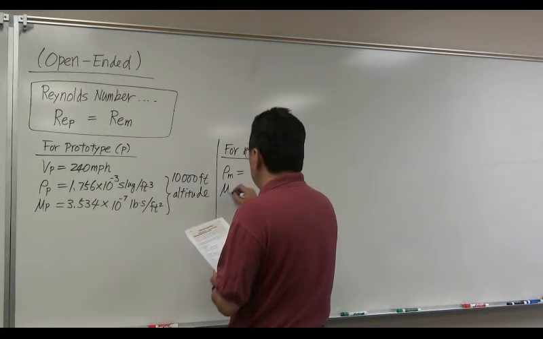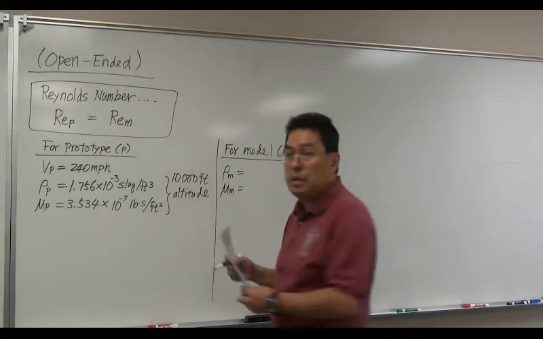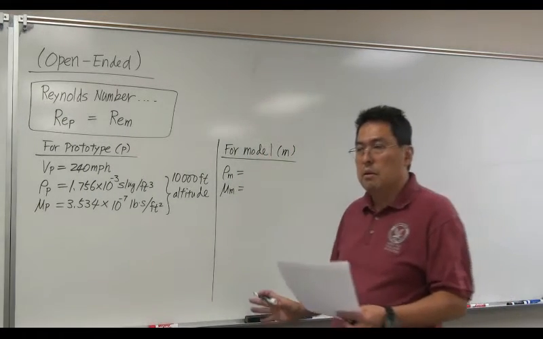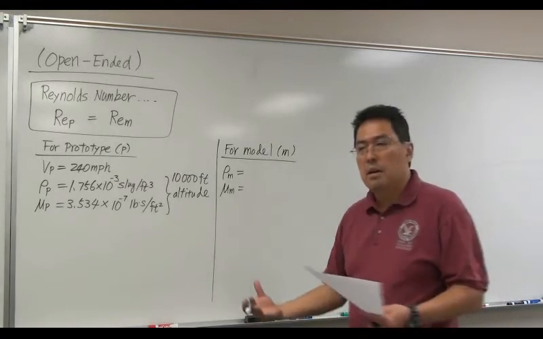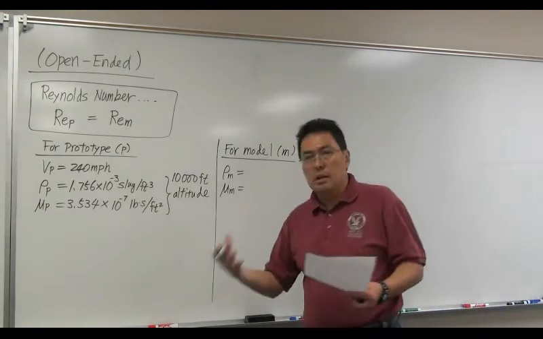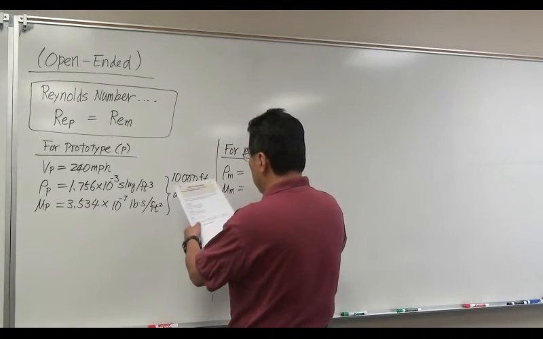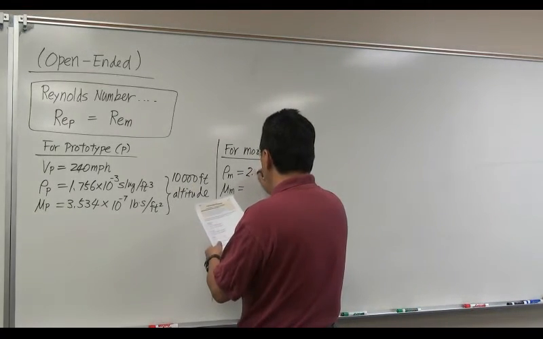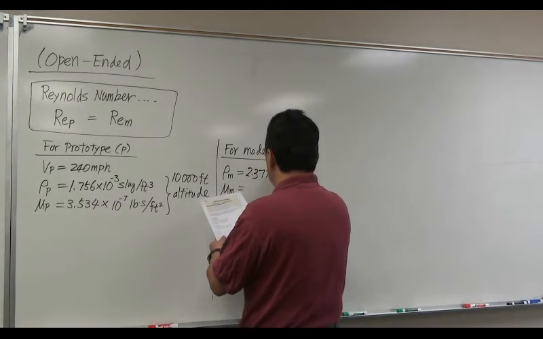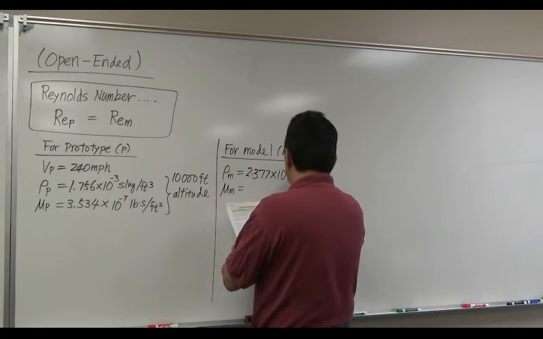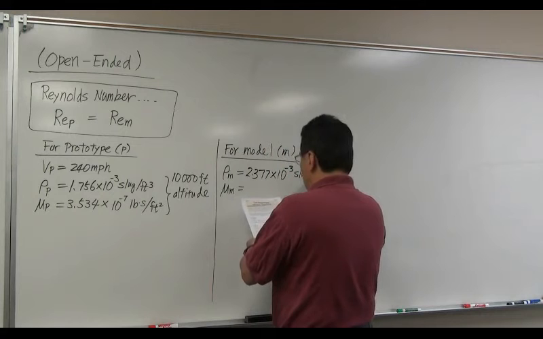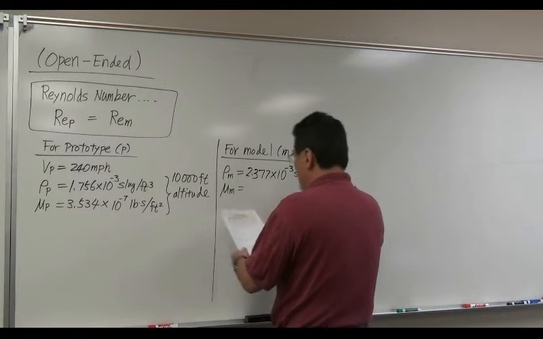density and viscosity. Wind tunnel is usually located at sea level. Now at the Prescott campus, wind tunnel is located at 5,000 feet altitude, but usually it's sea level. So let's use sea level value here. So density is 2.377 times 10 to the minus 3 slugs per cubic foot.